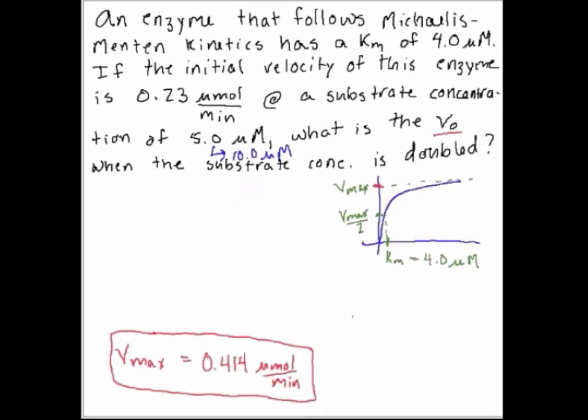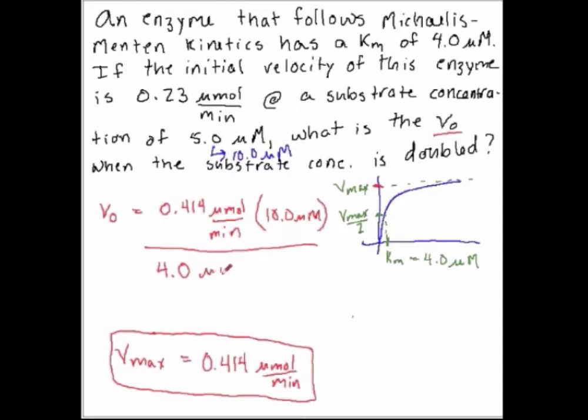Alright, so initial velocity would then equal 0.414 micromole per minute times substrate concentration, now 10.0 micromolar, divided by Km, which we know to be 4.0, plus 10.0 at this second substrate concentration.